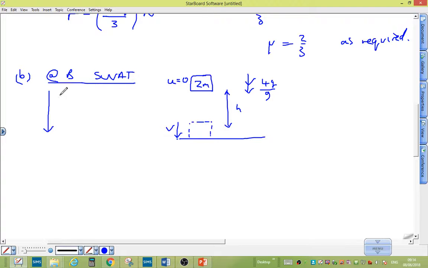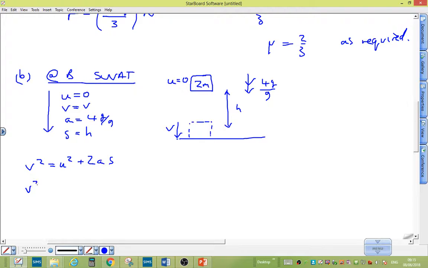So for my SUVAT equations, in this sense of direction, u is 0, v is what I need. I've got my acceleration, and I check, yes, it is positive, it is 4g over 9, and the distance I know is h. So the equation I'm going to use is v squared equals u squared plus 2as.